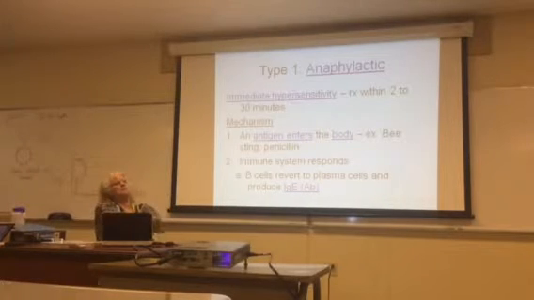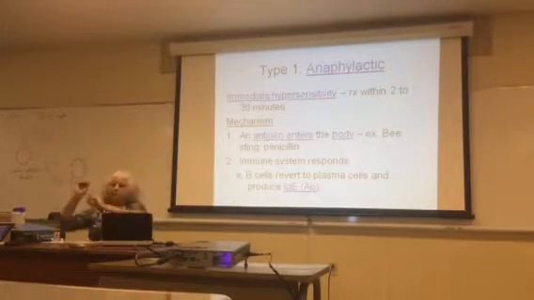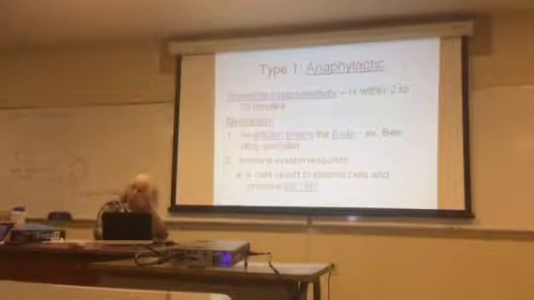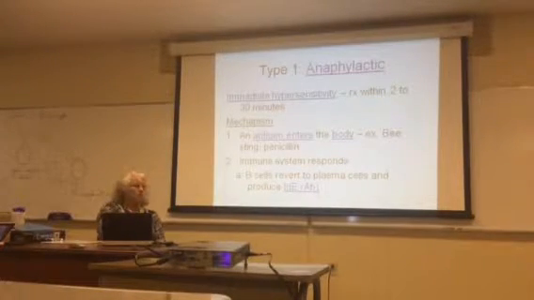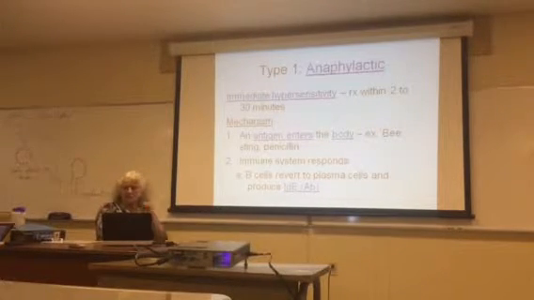Okay, so let's get started on this. If I put type 1 there, you're going to be able to pick out which of these types go with type 1. Type 1 is anaphylactic. It's an immediate hypersensitivity, with a reaction between 2 and 30 minutes.